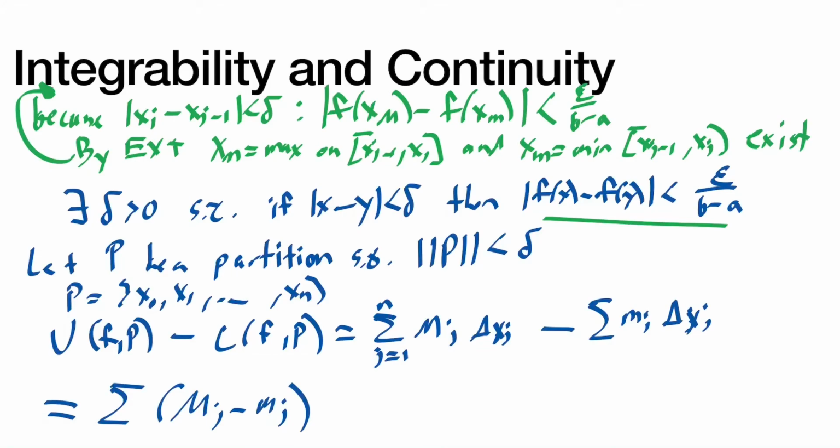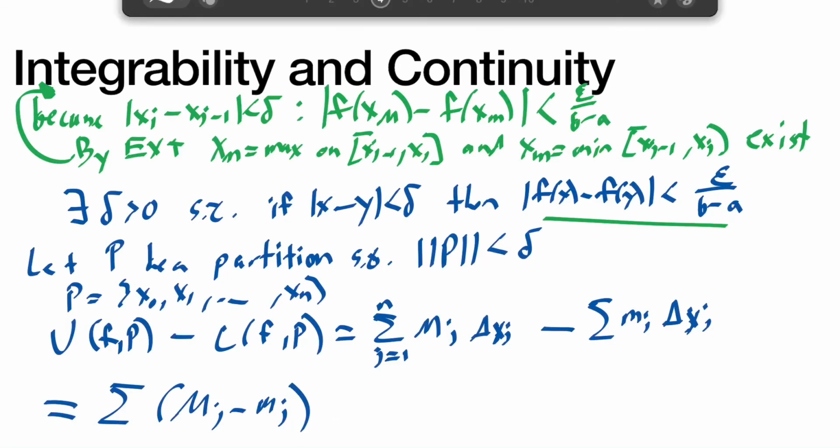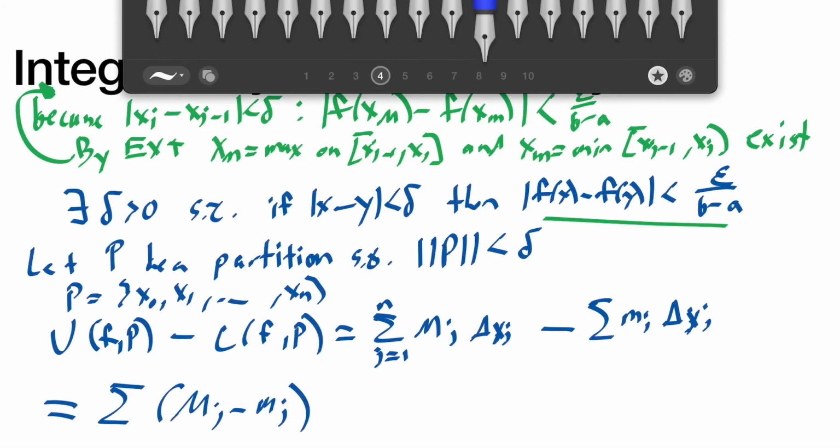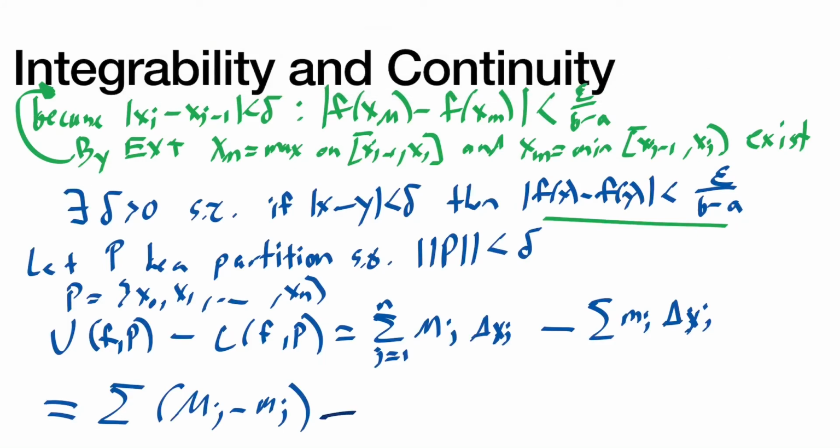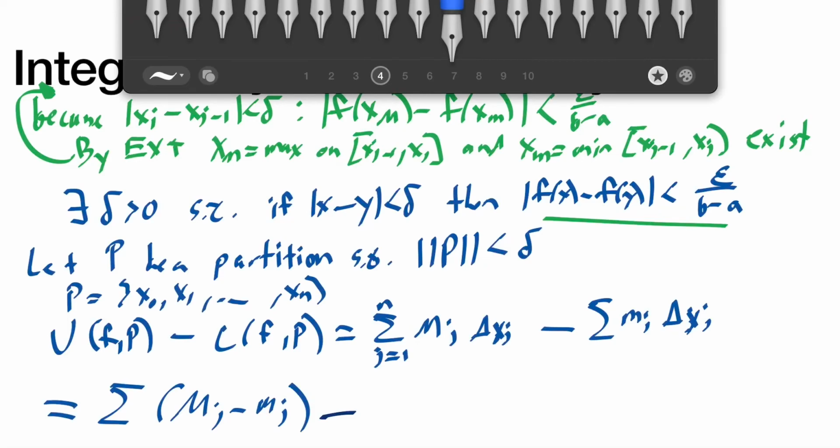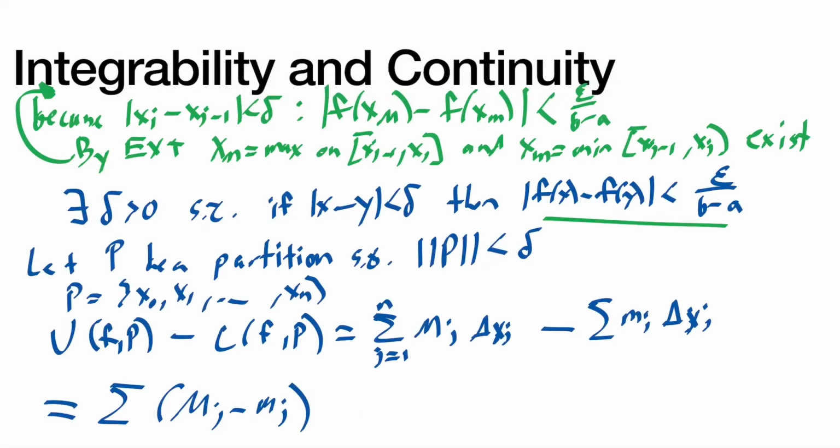Sorry, this is why whenever I was a student, I would always sketch everything out on scratch paper before trying to write it down, because then I can get things arranged in the order that I want. Okay, so I have this sum, but what's important is this sum, M_j minus m_j, times delta x_j.